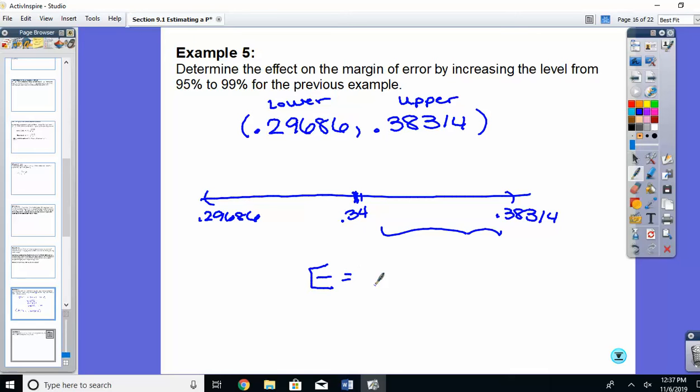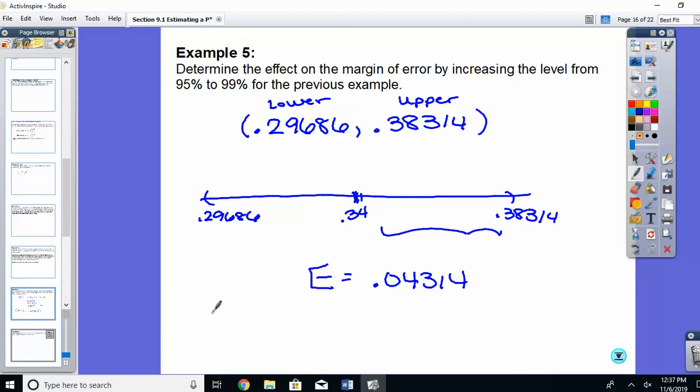So the error is 0.043. So what happened to the error? Did it go up or down? Yesterday's example, what was our error? 0.033, and now it's 0.043.